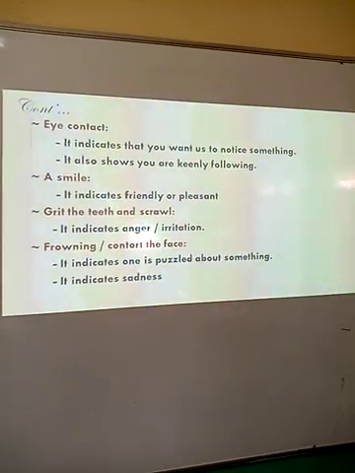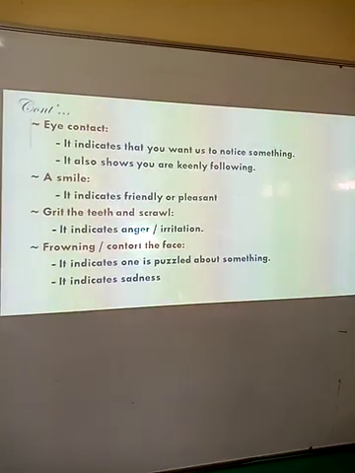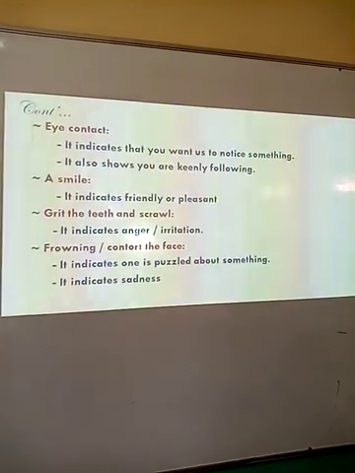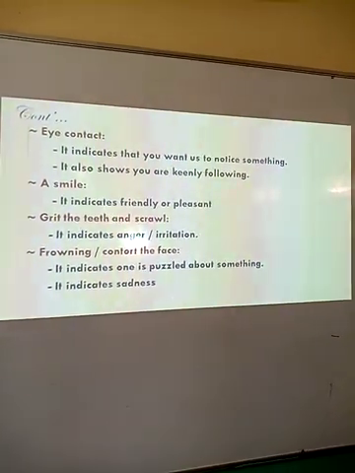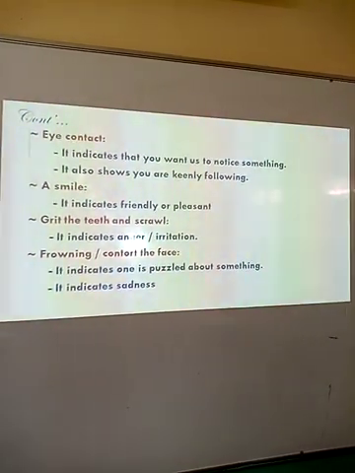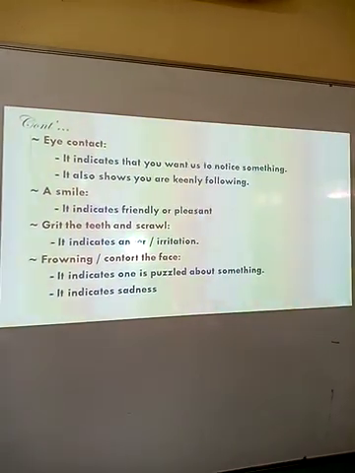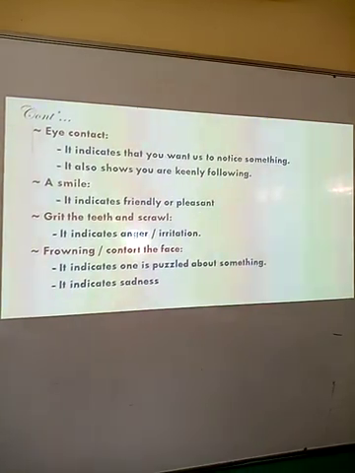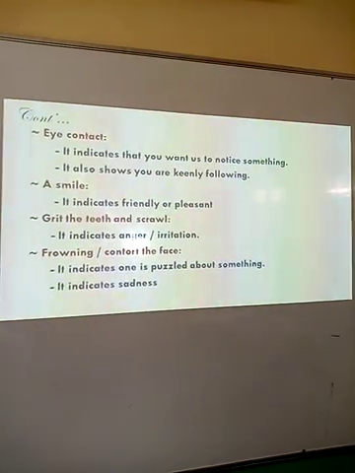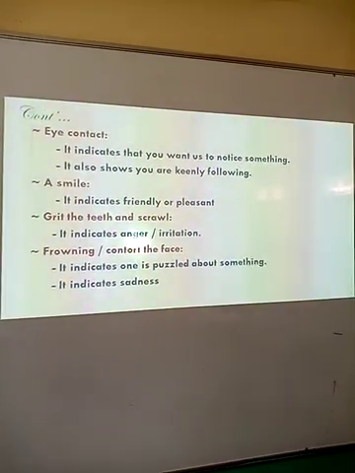Another facial expression we have is a smile. You could smile when you are communicating to indicate pleasure, to indicate happiness, or to indicate that you're being friendly. That is how you could use a smile.